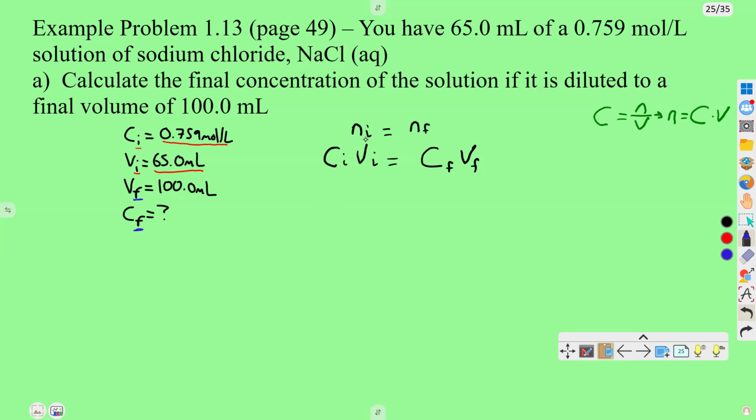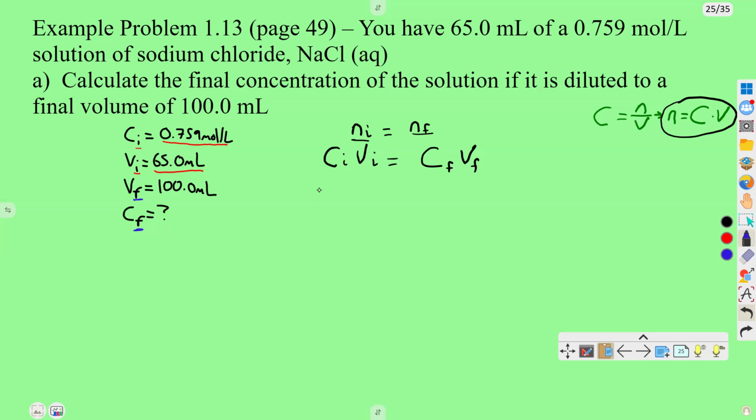And since number of moles is found by concentration times volume, we can substitute this equation over here to give us CIVI equals CFVF.